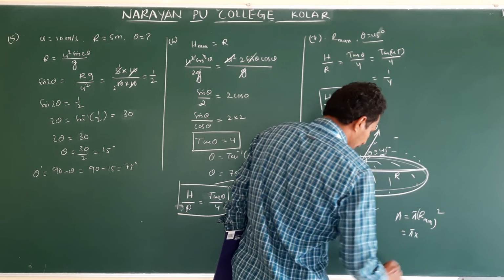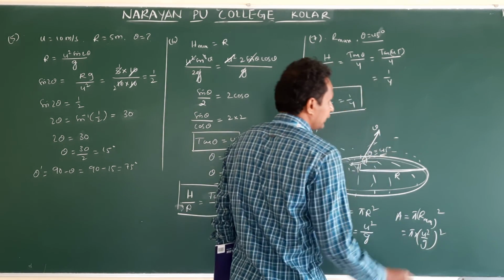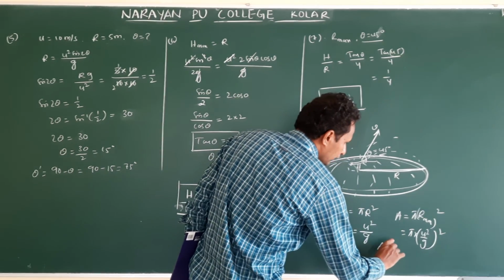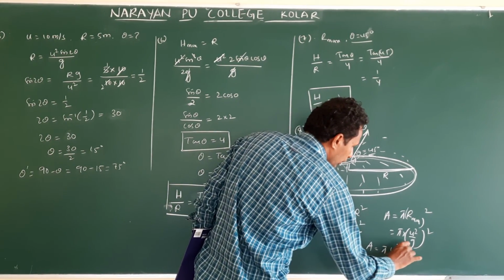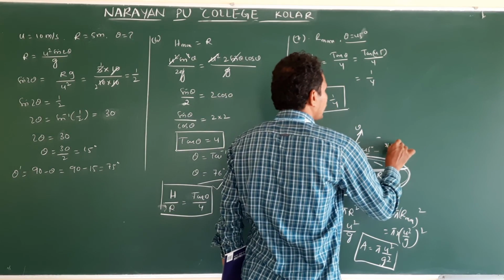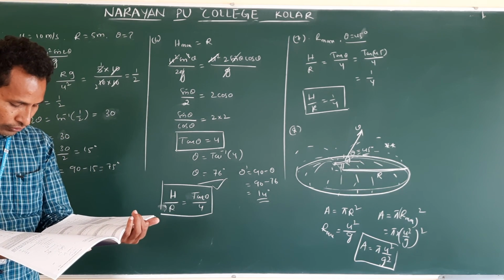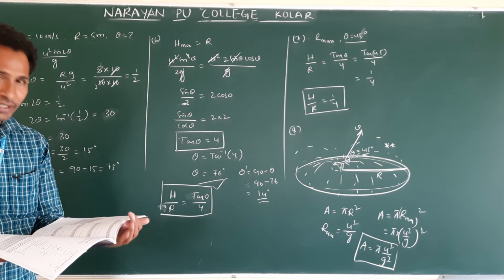Understand? So A is equal to pi into u square by g whole square. The final answer is A is equal to pi u power 4 by g square. This is the answer. Very, very important model question.